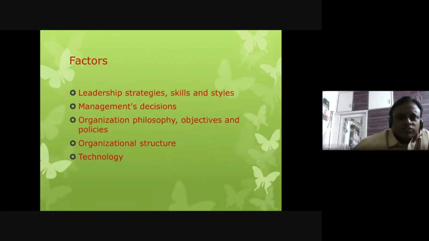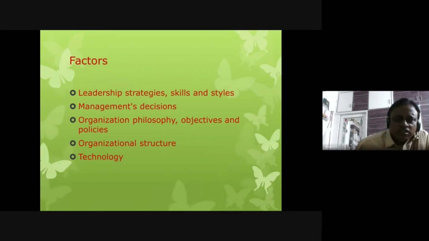Now, what are the factors which contribute to business effectiveness? Number one, leadership: the strategies, skills, and styles of leaders. Number two, management's decisions, which are very, very important. Number three, the philosophy of the organization, its values, and various objectives and policies also contribute to effectiveness.